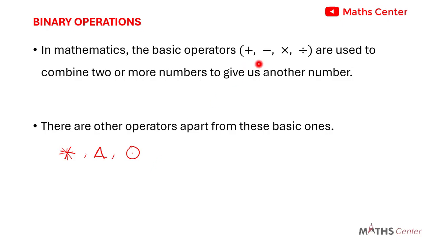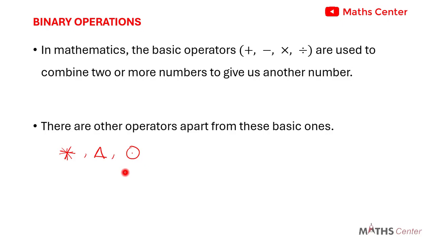But unlike these four basic operators that have standard definitions that are known and accepted worldwide, these other operators do not have such definitions. When you are required to perform a computation or a calculation with any of these operators, the definition of the operator will be given to you.